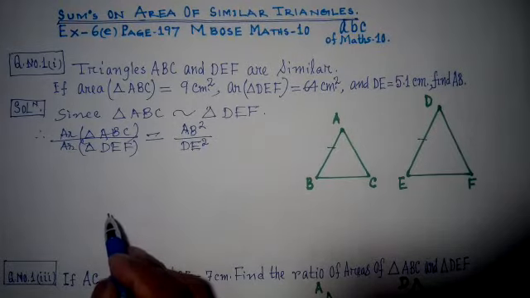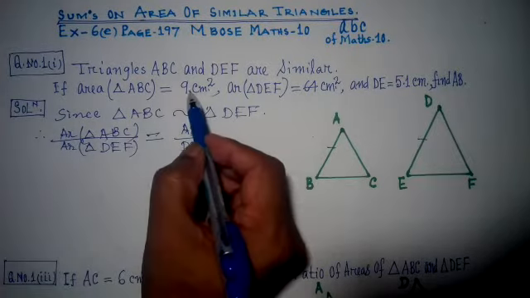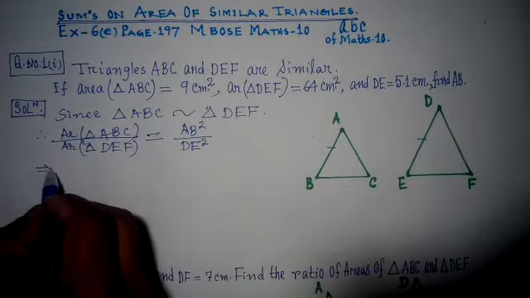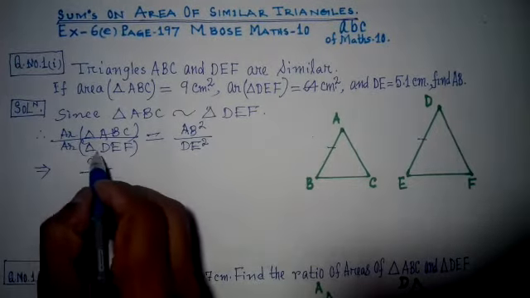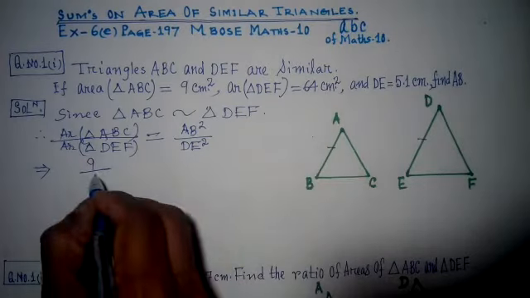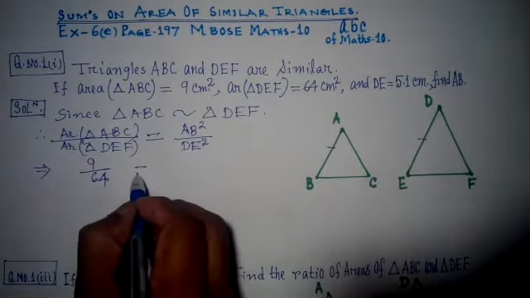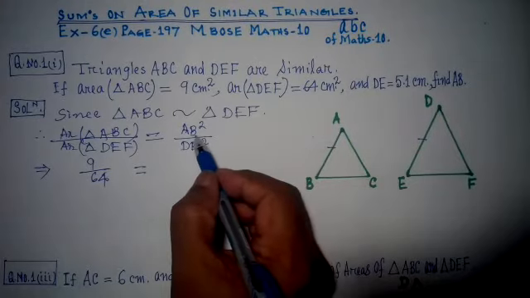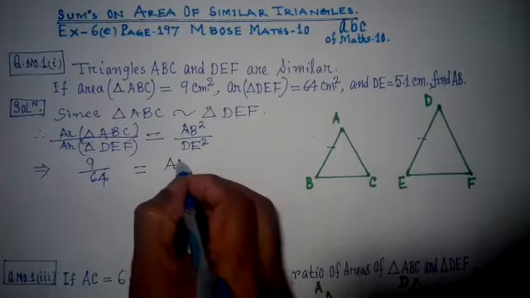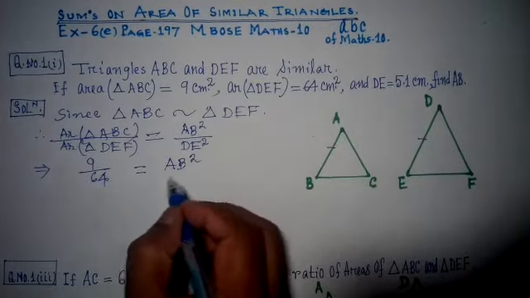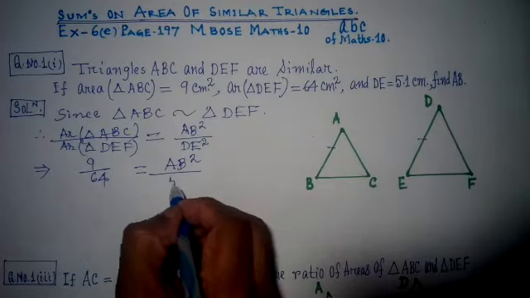Now we can write, see, the area of triangle ABC is given 9, so we write 9 here, and the area of triangle DEF is given 64, so we write 64. The value of AB we have to find, so AB square will remain as AB square, and DE square, DE is 5.1.